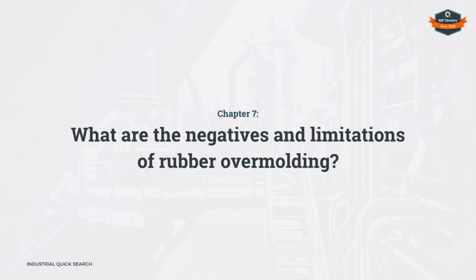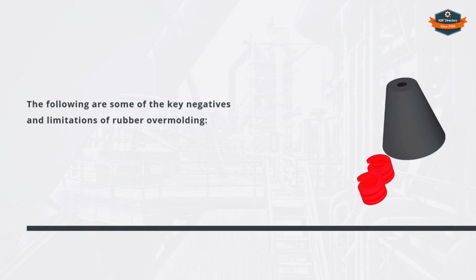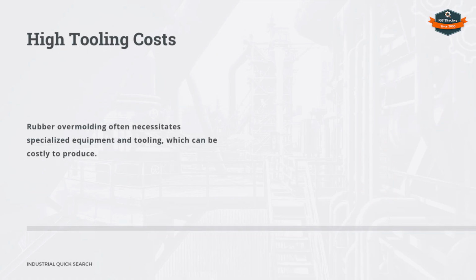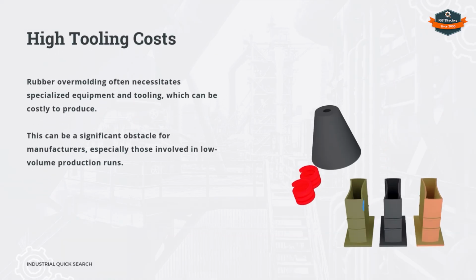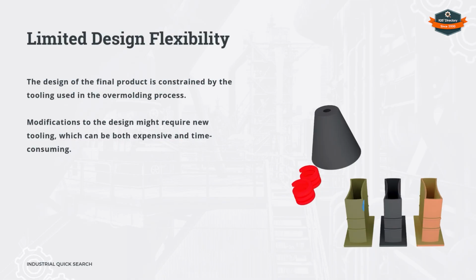Chapter 7. What are the negatives and limitations of rubber overmolding? High tooling costs. Limited design flexibility.